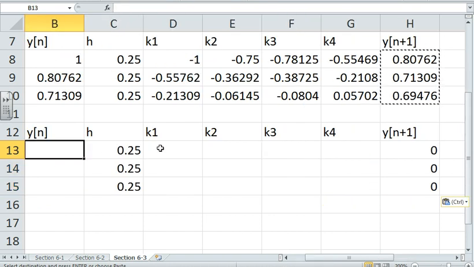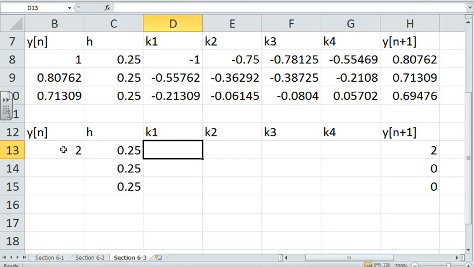Okay, initial condition for number 6 is 2. So 2 is my initial condition. And my function is minus 2xy. Minus 2xy. Okay, so I got that written down there so I don't forget it.